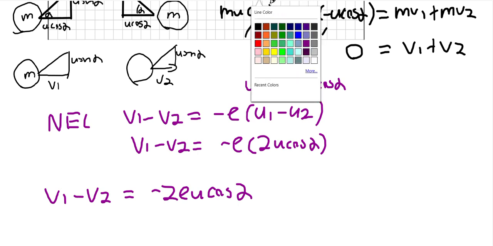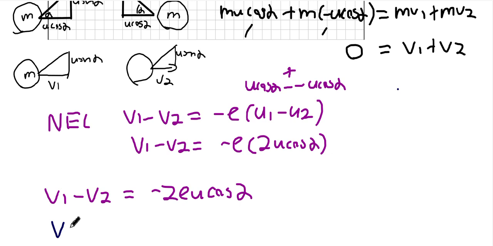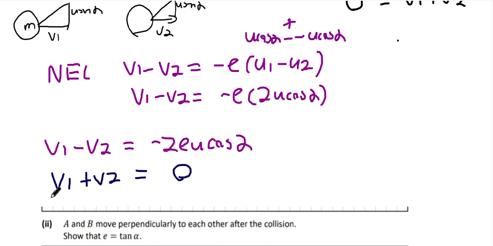What I like about collisions questions is that it's very easy to get the two equations, and very easy to get the first 15 out of 25. You don't even have to think much. Now we're going to add downwards. What happens when we add downwards?